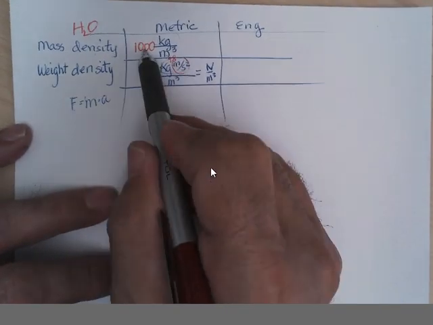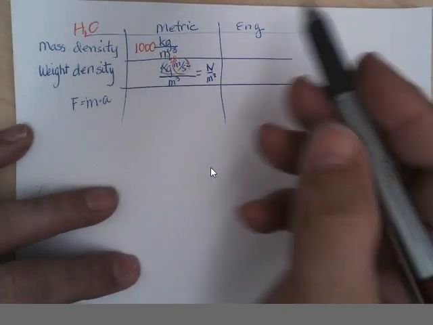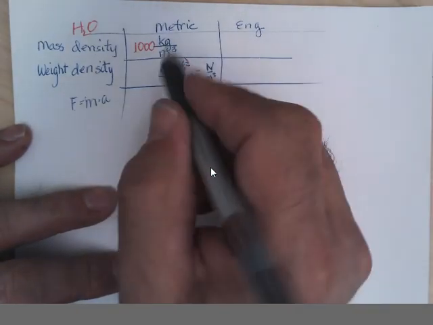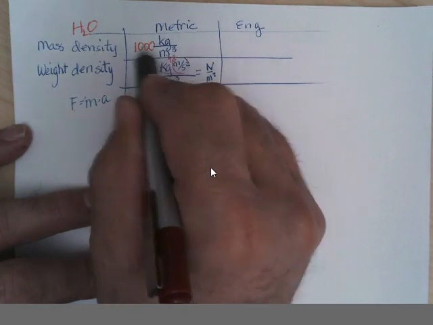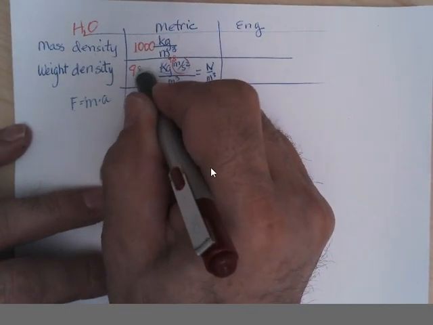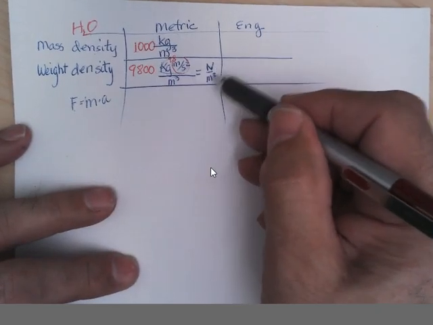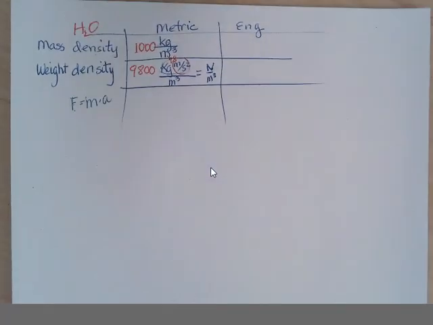So if we're doing water, then it would be 9.8 times 1,000, or 9,800 newtons per meter cubed. That's the weight density of water.